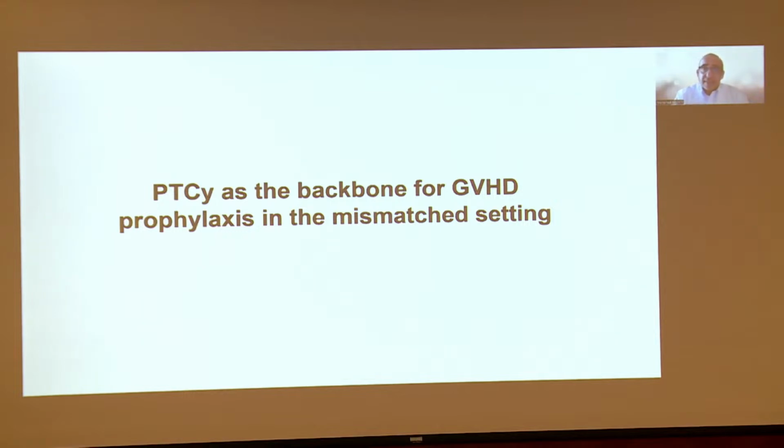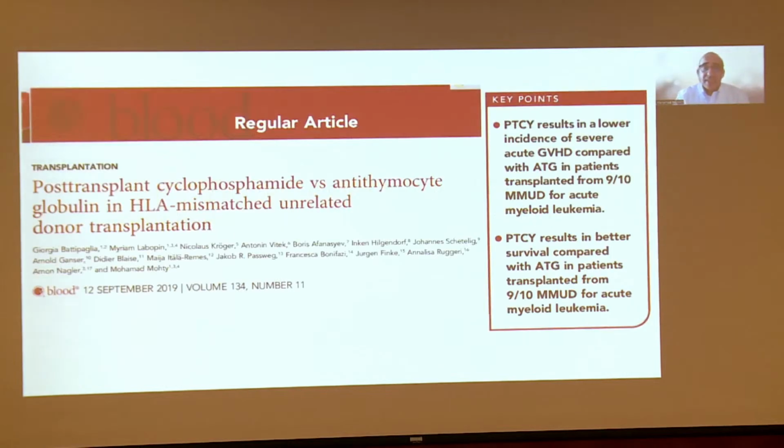With this background, with these data, I think the community started using widely post-Cy for GVHD prophylaxis in the haploidentical setting. And then automatically, the key question one can ask: why can't I use post-Cy for GVHD prophylaxis in the mismatch setting?